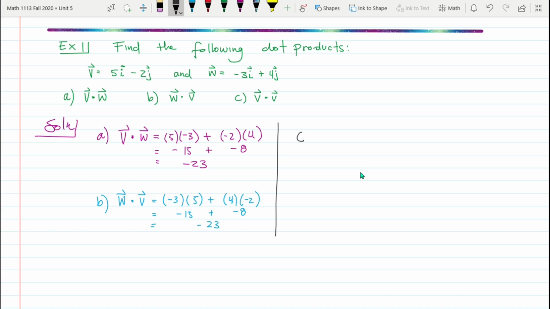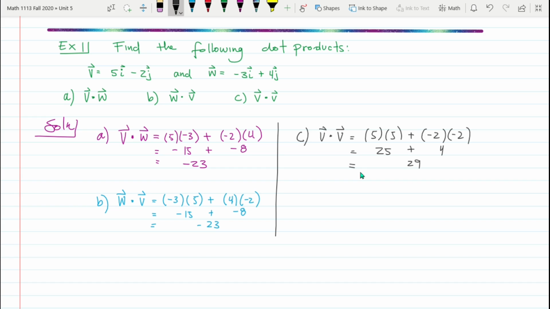And last, we'll do the dot product between v and v, so v dotting itself. That'll be the horizontal component times the horizontal component plus the vertical component times the vertical component, and we get 25 plus 4, and that comes out to be 29.